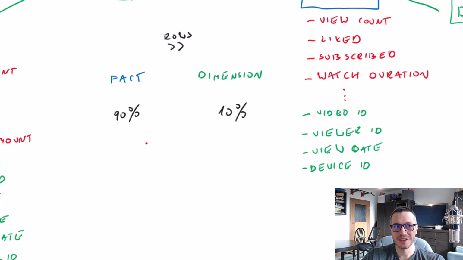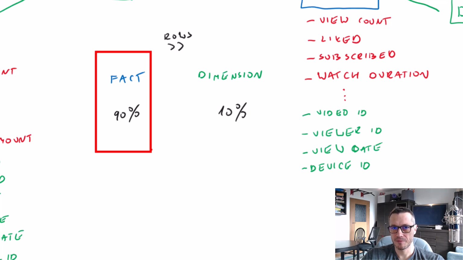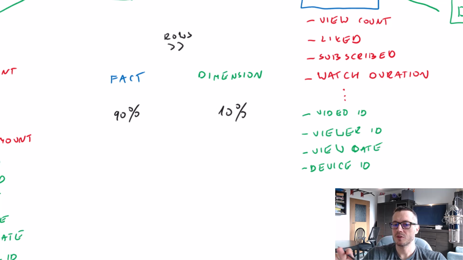So when it comes to performance optimization, later on you'd focus on facts, and I will show it to you later on. Now, so this was comparison from rows point of view.